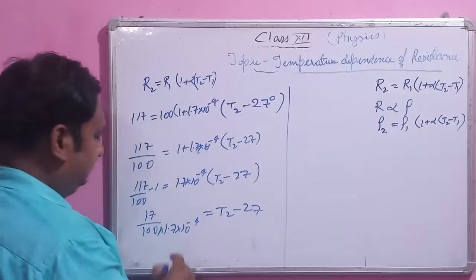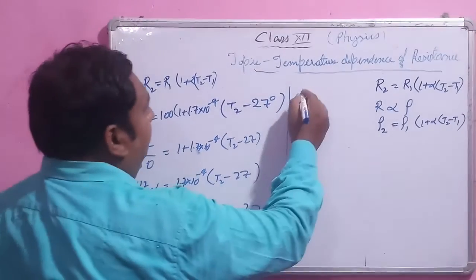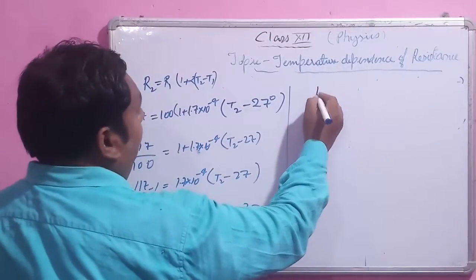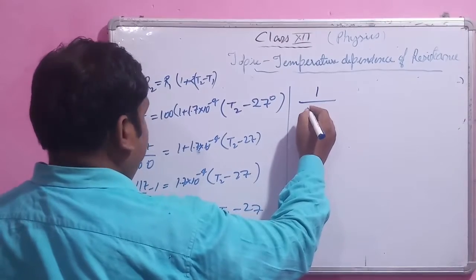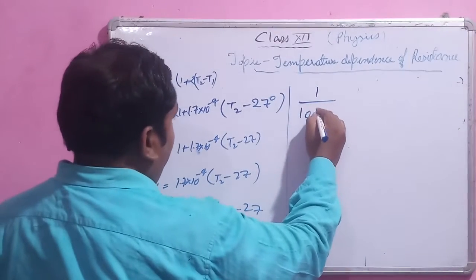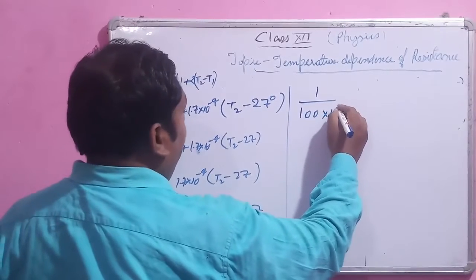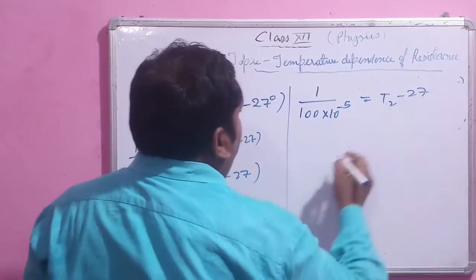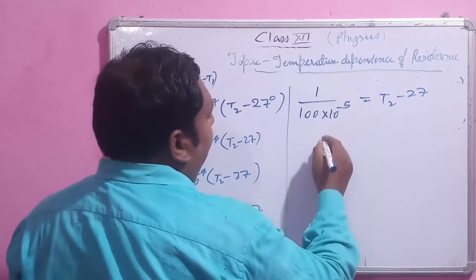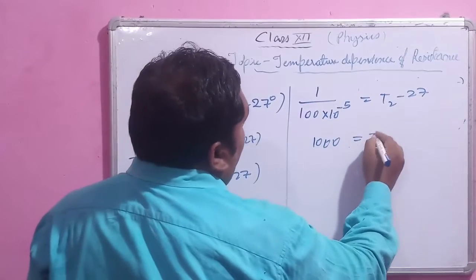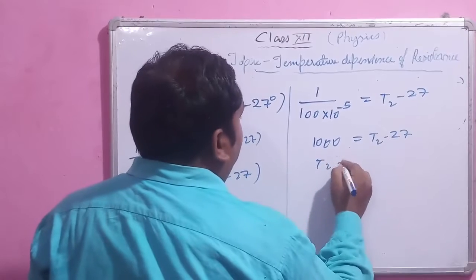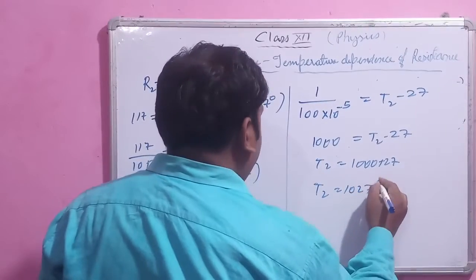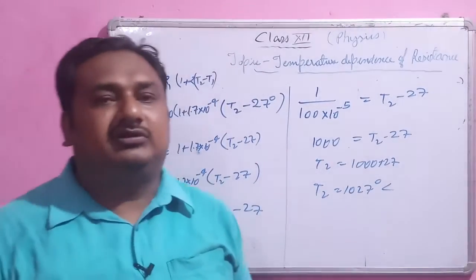Solving, this becomes 1000 equal to T2 minus 27, or T2 equal to 1000 plus 27, which is equal to 1027 degrees Celsius. So that is the final temperature that they have asked.